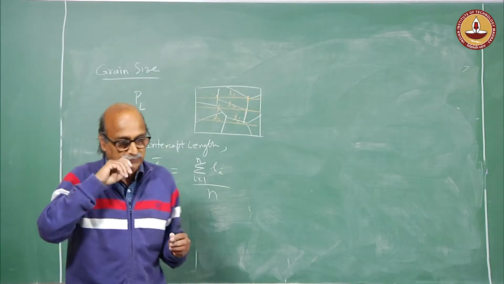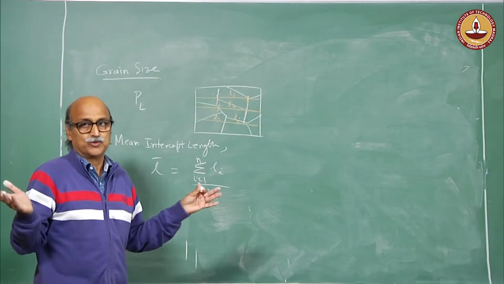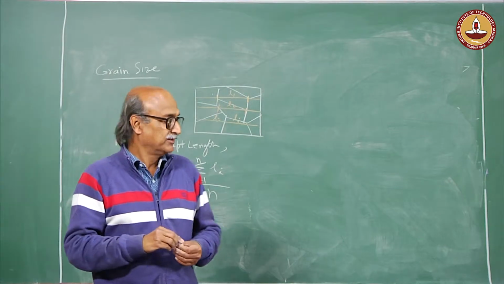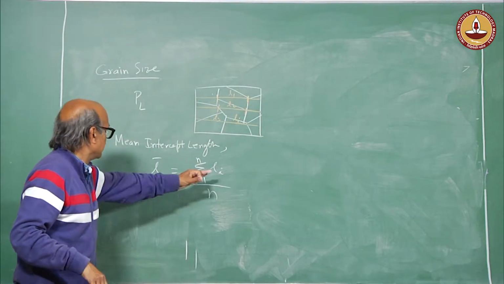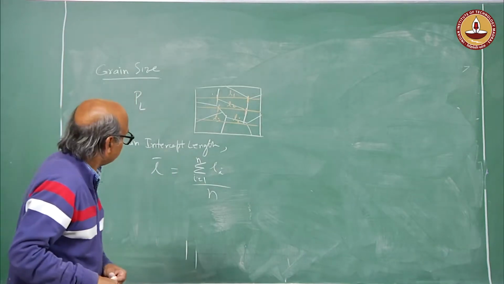This is the mean intercept length. This is very commonly used, particularly if you are doing structure property correlation. This is a very important measure for grain size.